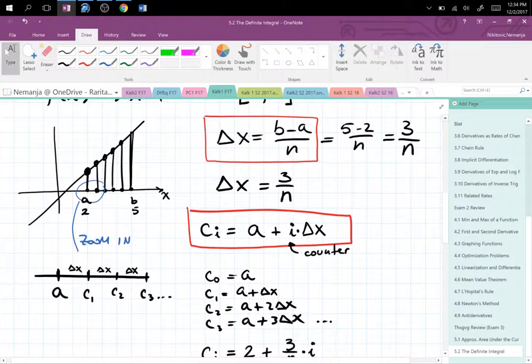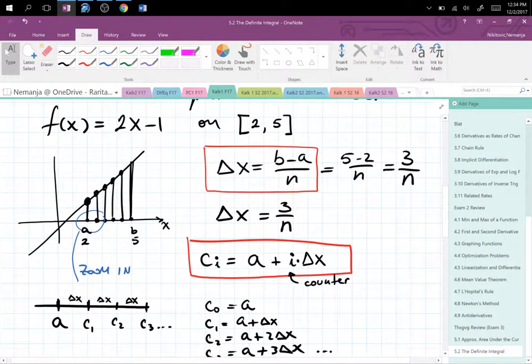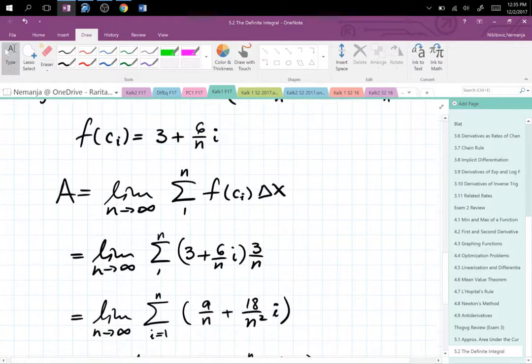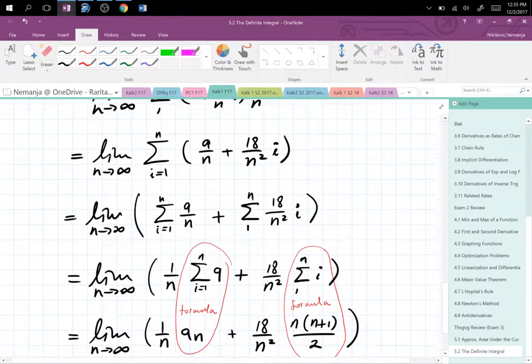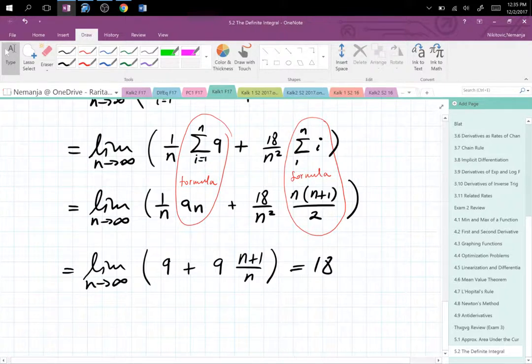You start from figuring out delta x, because delta x is used to figure out Ci, and Ci is used to figure out f of Ci. Then f of Ci times delta x goes within a sum within a limit. Distribute, split sums, apply formulas, and do the limit. 1, 2, 3, 4, 5, 6, 7 steps.